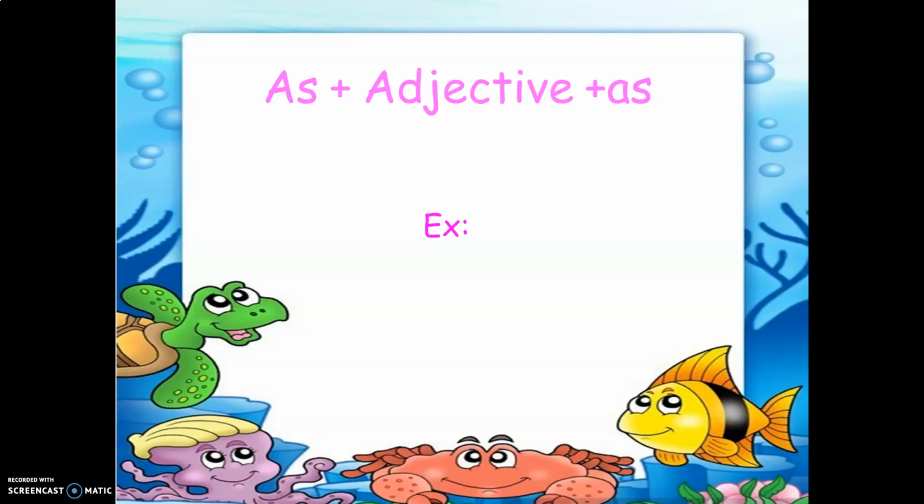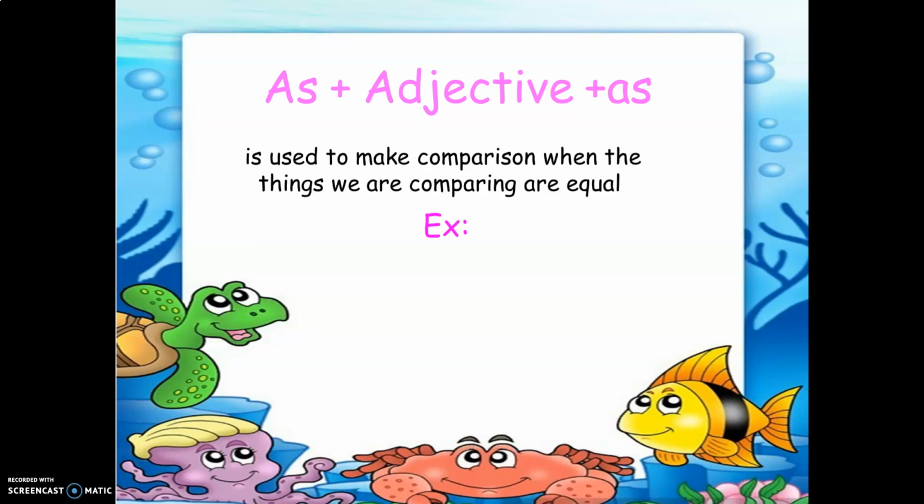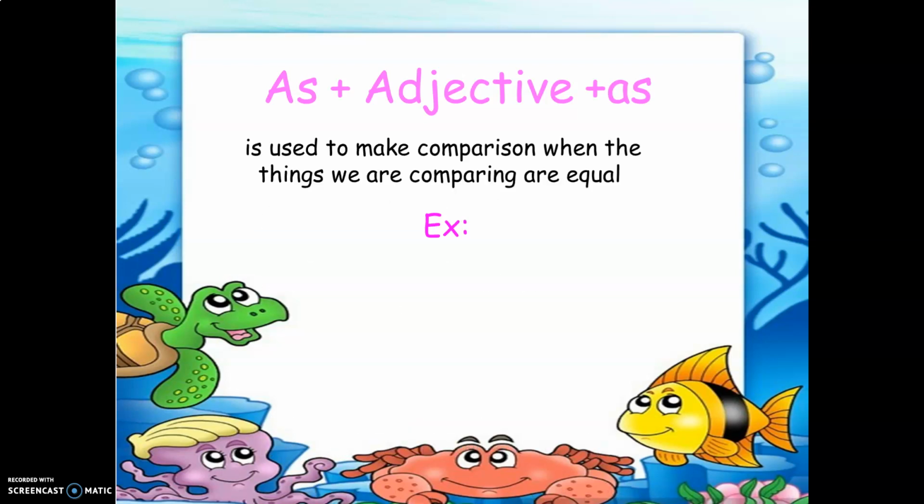Then close your book. Now we have as plus adjective plus as. As plus adjective plus as is used to make comparison when the things we are comparing are equal.